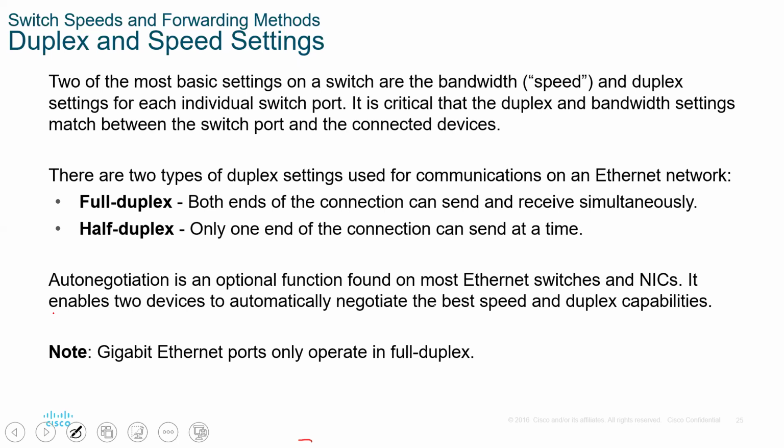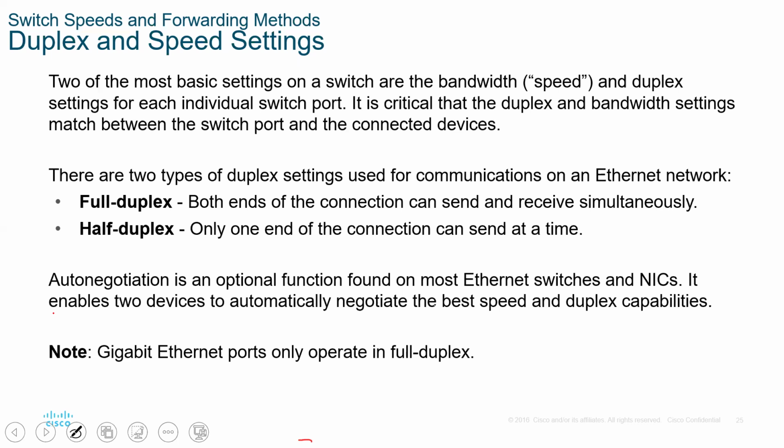It is critical that the duplex and bandwidth settings match each other, especially when you have two switch devices connecting one to another. The duplex setting explains how the traffic moves. Full duplex means both ends of the connection can send and receive simultaneously. Half duplex means only one end of the connection can send traffic at a time.